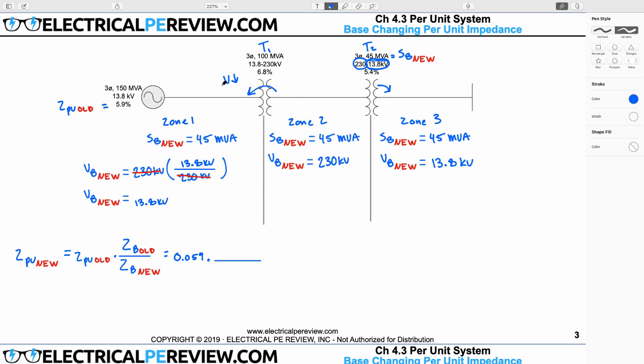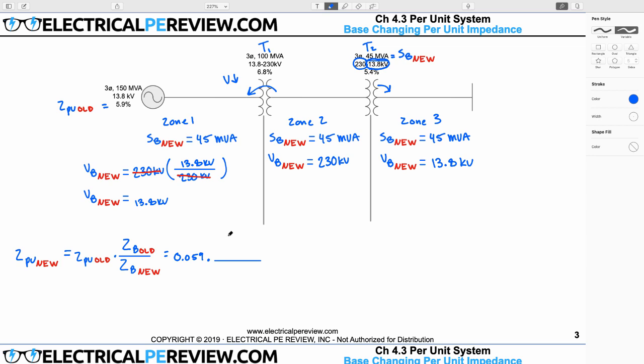So anytime you have a percent impedance of a machine, it's always going to be expressed in the base values of the rating of that machine. That means this 5.9% impedance has an old voltage base of 13.8 kV and an old power base of 150 MVA. So let's turn ZB old into VB old squared divided by SB old, right?